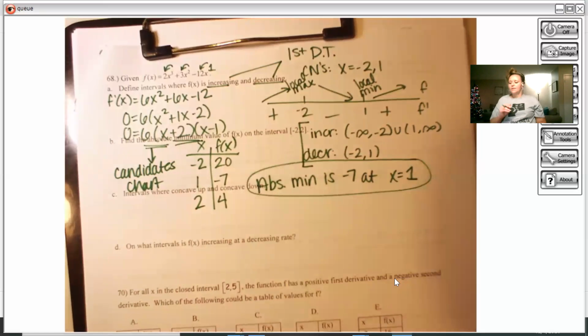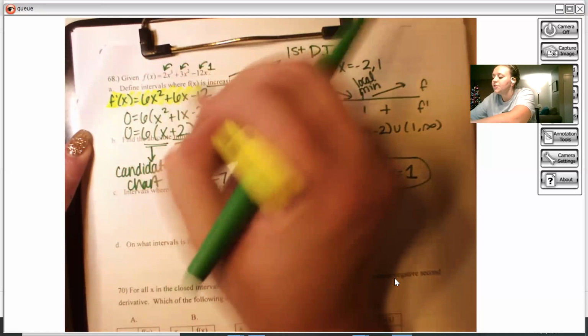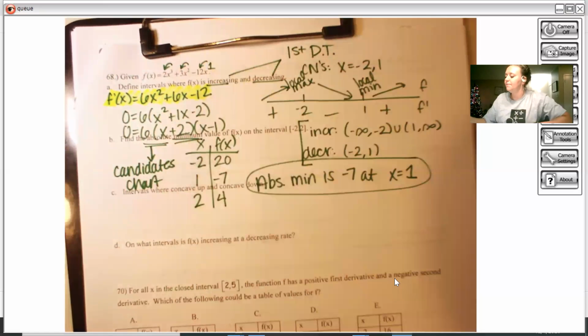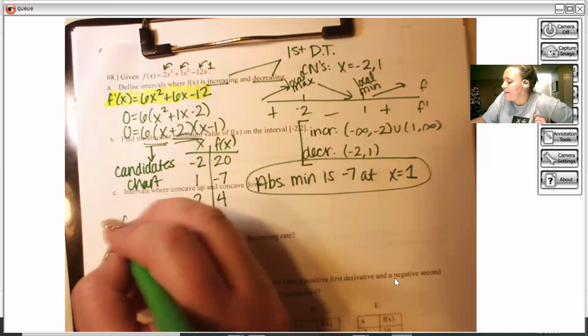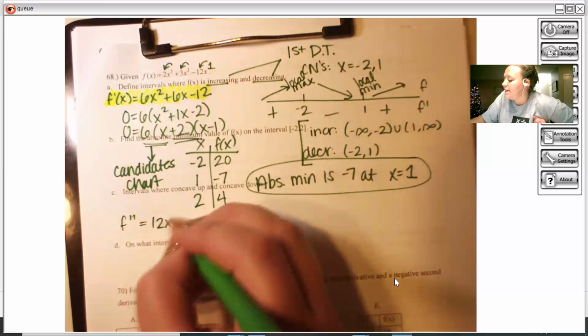Okay. Now, part C asks me about concavity. Remember what we said, concavity has to do with the second derivative. So if I have f prime up here, that's not good enough. I need to get down to f double prime. So if that's f prime, f double prime is going to be 2 times 6 is 12x plus 6.